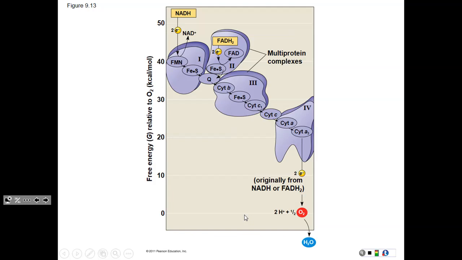It would be fair to think of the electron transport chain as sort of a bucket brigade. Remember the old movies when you have to put out a fire before the days of fire trucks and fire hydrants? There'd be a guy by a river or a lake who would fill up a bucket of water, and he'd hand it off to somebody else, hopefully somebody downhill.